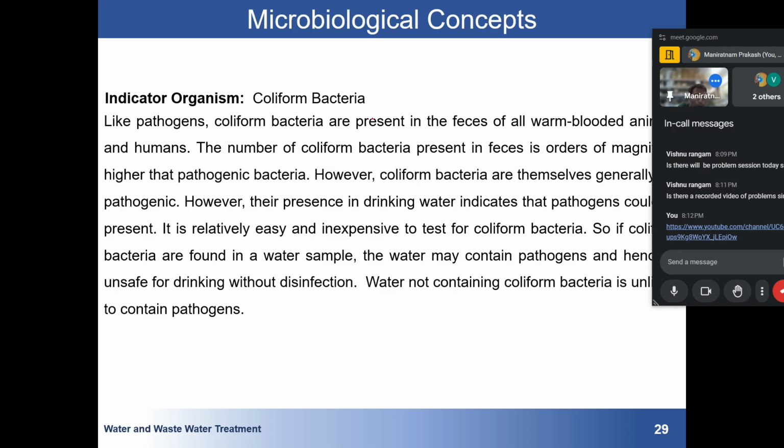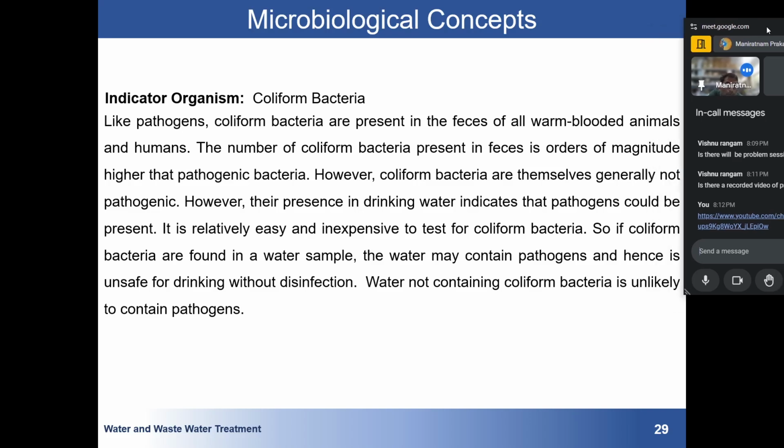So what researchers have done is say that if this is present in your water, then your system also contains some pathogens. Coliform bacteria are present in the feces of all warm-blooded animals and humans.